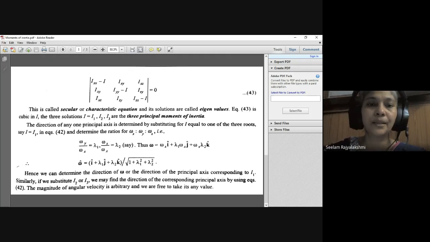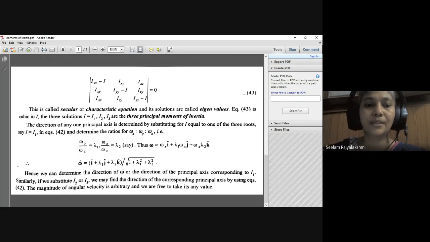That means we consider omega y by omega x equals lambda 1, and omega z by omega x equals lambda 2. Thus, omega equals omega x i cap plus lambda 1 omega x j cap plus omega x lambda 2 k cap.